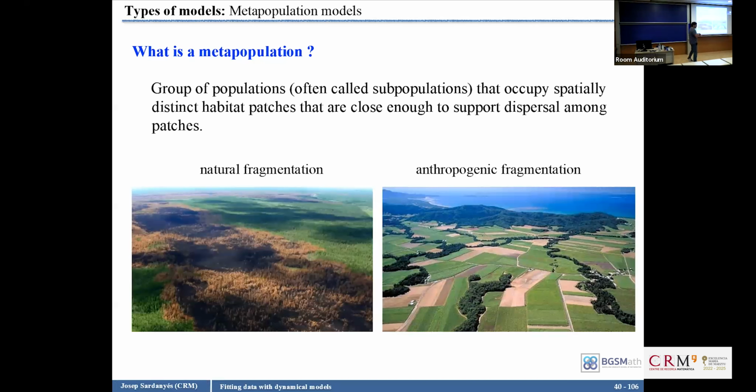So they are physically separated, but they are close enough to support processes of colonization and extinction. Okay, so you have to imagine a species that is distributed in different patches that are separated, but they can invade or colonize the different patches.